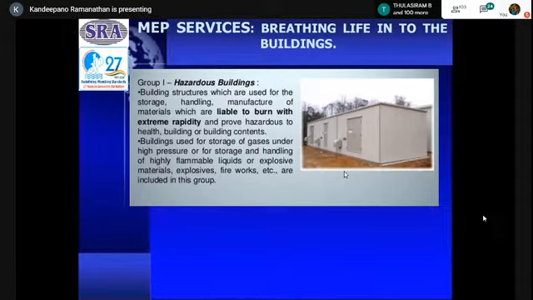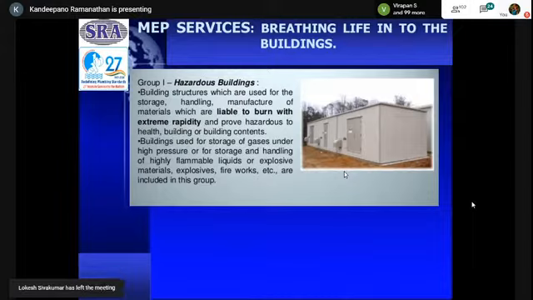Now, having said these different types of buildings, by the definition as well as the examples you saw, you can now understand the various classifications and why these are classified like that. And definitely each classification needs certain types of services.